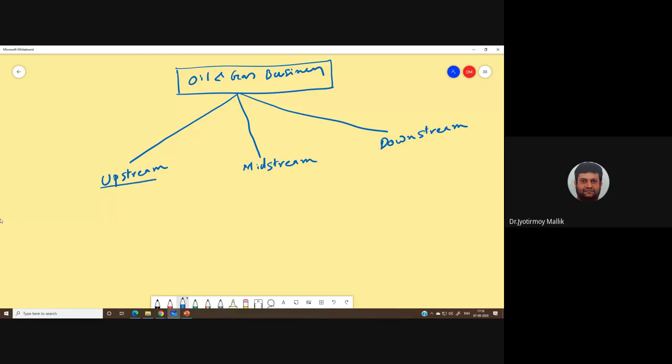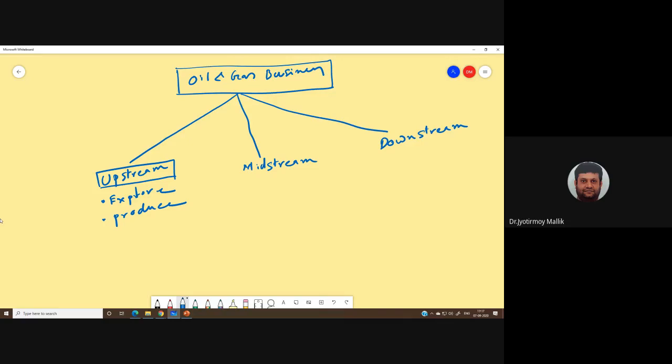Upstream business means the work that we do as geologists or reservoir engineers or production technologists, where you essentially explore and produce. So you explore different oil and gas basins and then you produce from them.